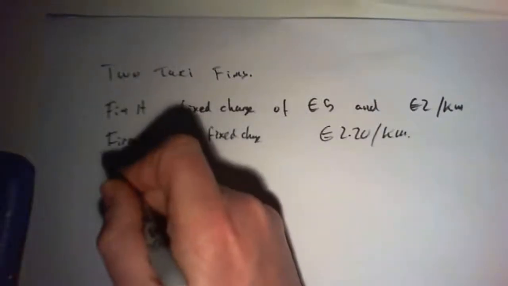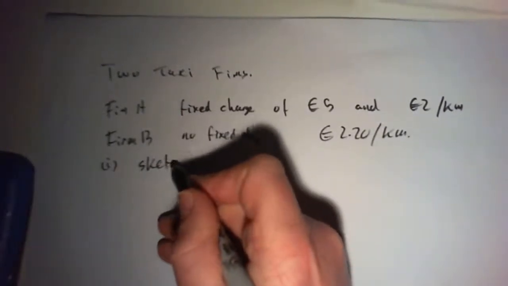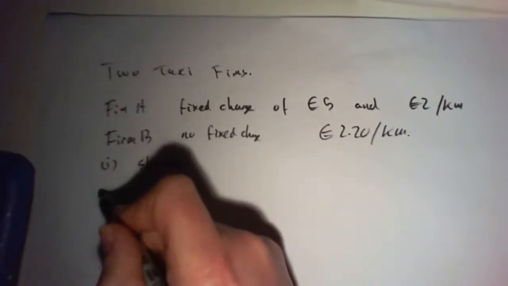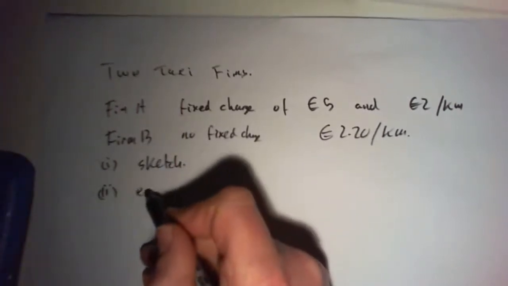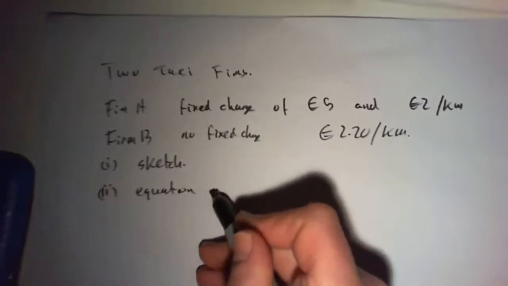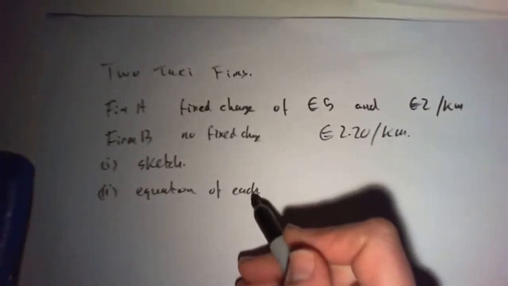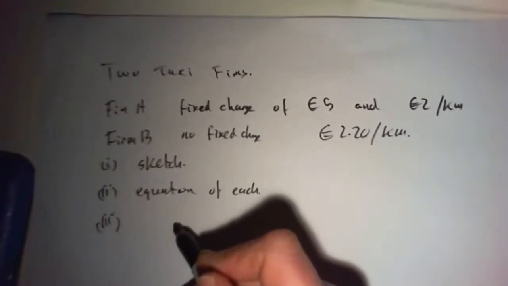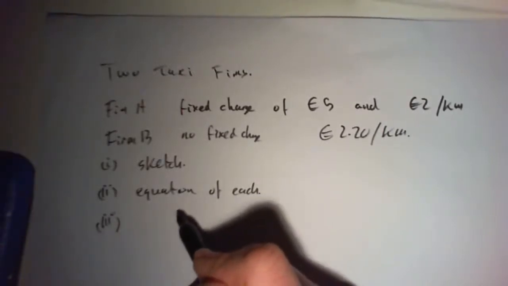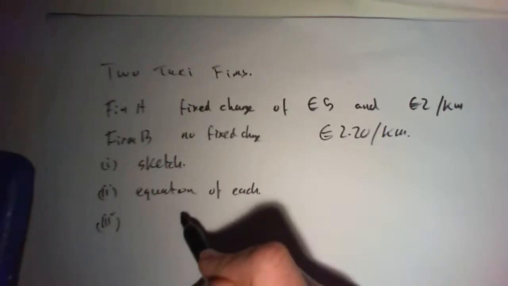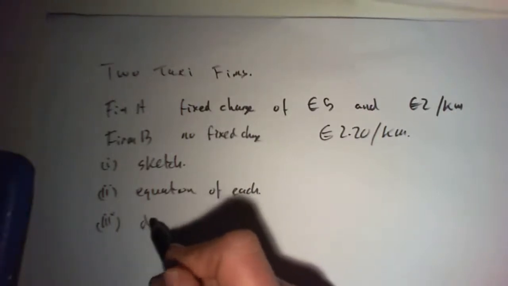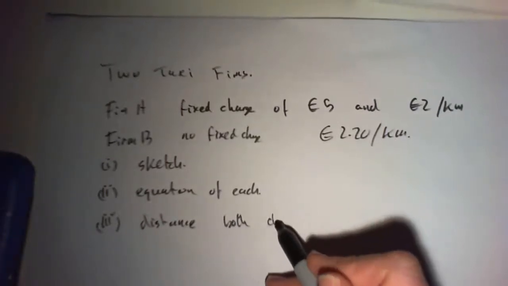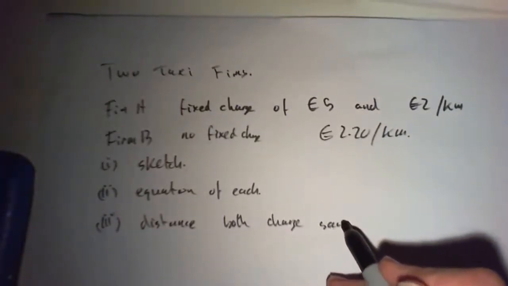Okay, so we're going to sketch the graphs, we're going to find the equation of each, and we're going to find out the distance for which both firms charge the same amount.